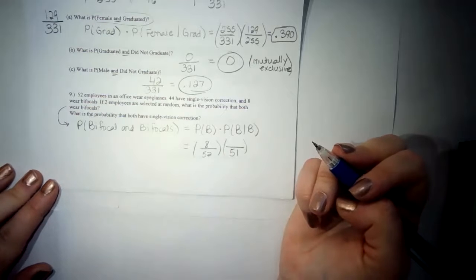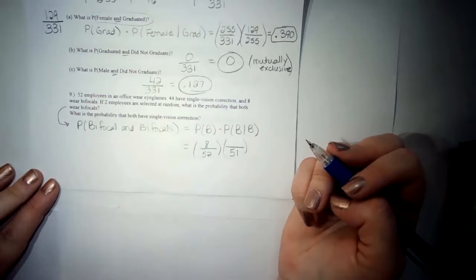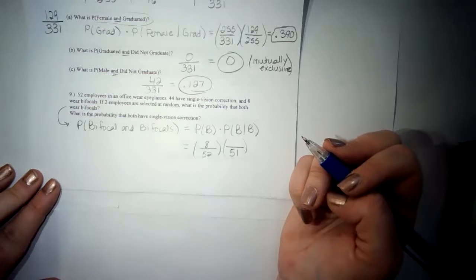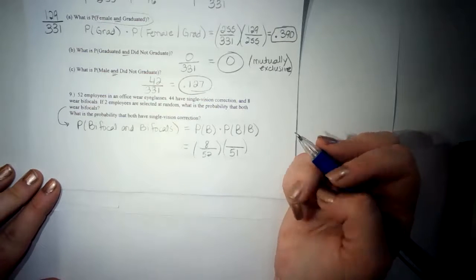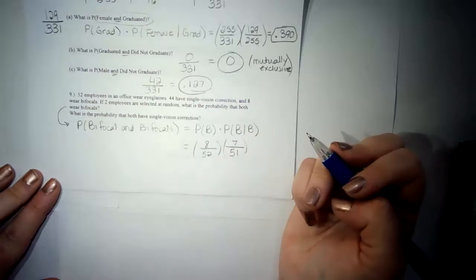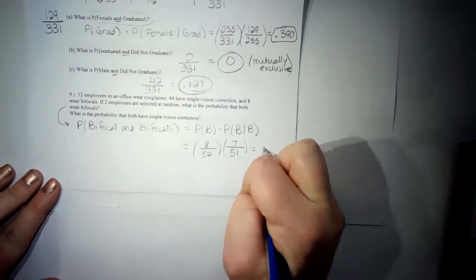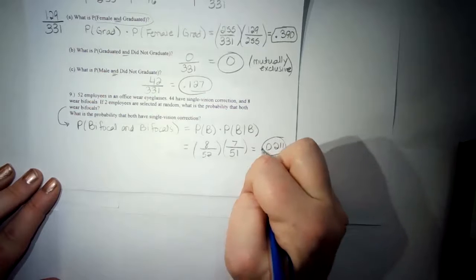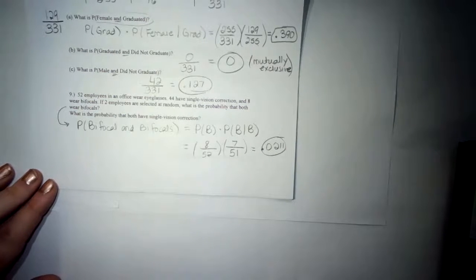This is a really stinky little question Wiley throws in there at you. 8 people wore bifocals, but you already picked one of them out and sent them off for surgery. How many people do you have left now? 7. So now your number changes. You had to subtract 1 from the top and the bottom given this situation.